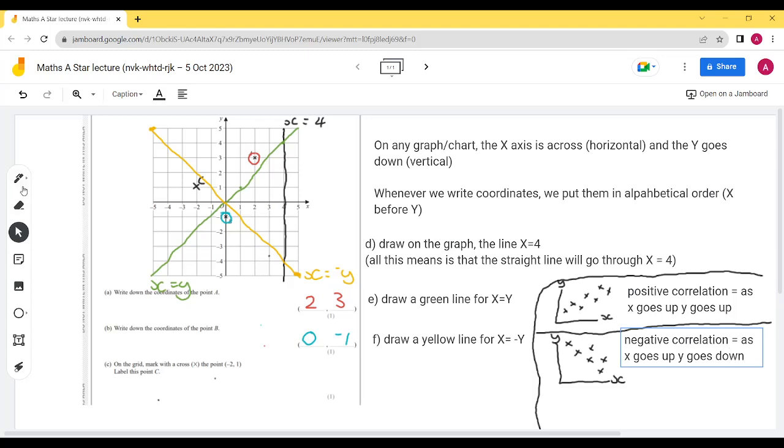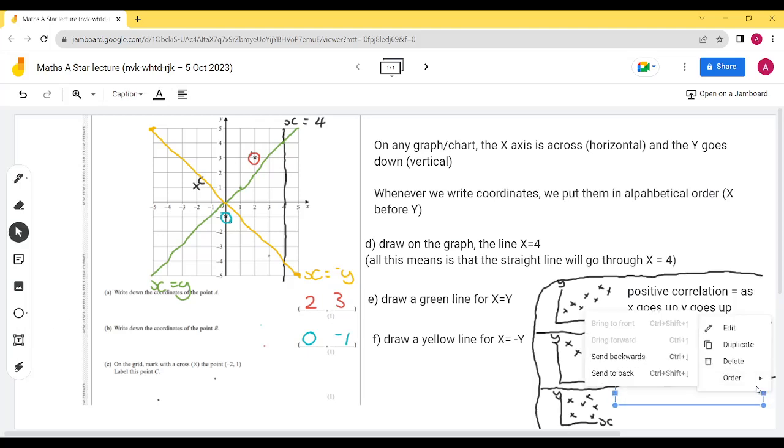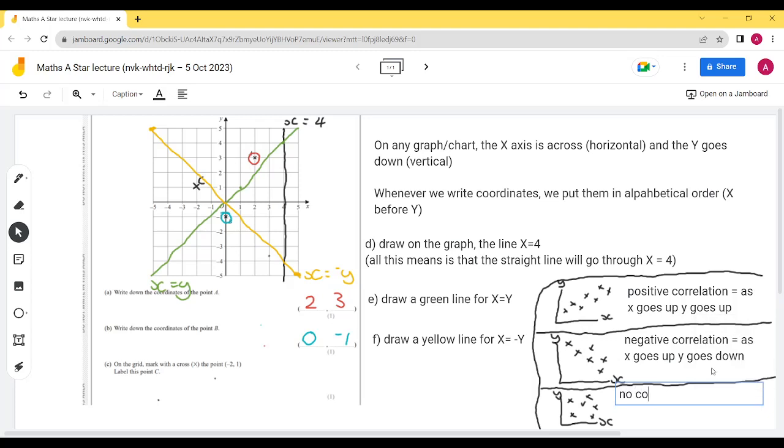All right, and then the third type you might get if you're asked to recognize the correlation on a graph. And you can see this is all over the place. And this is no correlation. And this just means no relation between the areas.